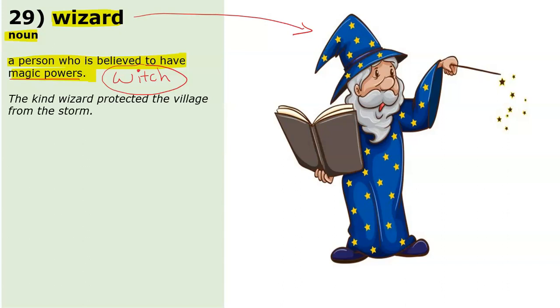Let's look at the example. The kind wizard protected the village from the storm. So remember, someone who has magic powers and they are a boy, you can say wizard. But if they are a girl, then you can say witch.